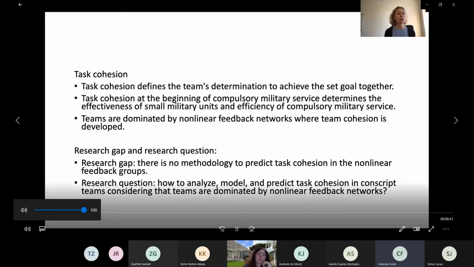Talking about teams in general, it is very important to say that teams are developed and dominated by nonlinear feedback networks, where team cohesion develops.